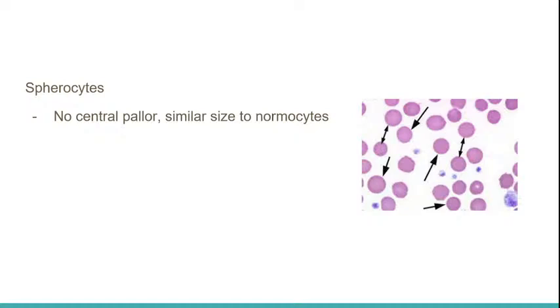Now, the mechanism involved in the formation of spherocytes is as follows. An abnormality in sodium influx. Specifically in patients with hereditary spherocytosis, there are receptors in the cell that allow the entry of sodium ions into the RBCs.